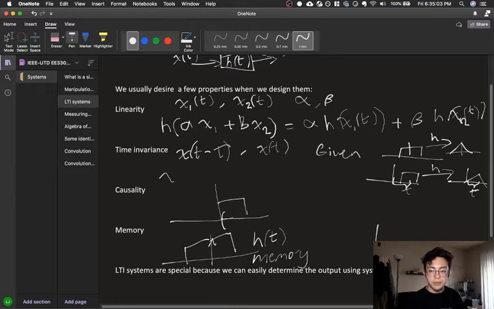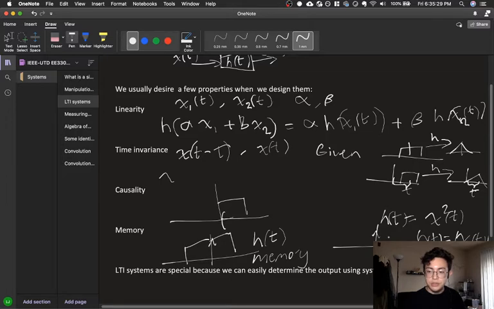If it does not have memory, then it'll probably just be some function of the current value, like h of t is x squared of t, or x, or h of t is x of the absolute value of t.